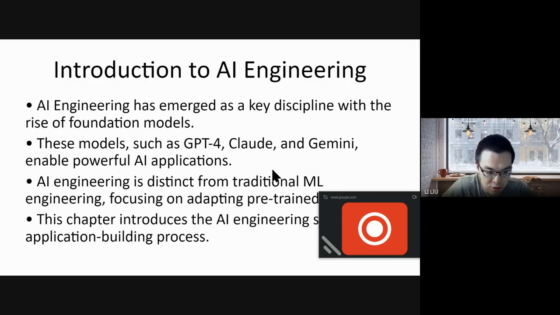Because in the traditional ML engineering, the focus is usually more on building the models and training, fine-tuning supervised models or deep learning models, for example. But for AI engineering, I think this book defines it more around building applications using the large language model APIs.